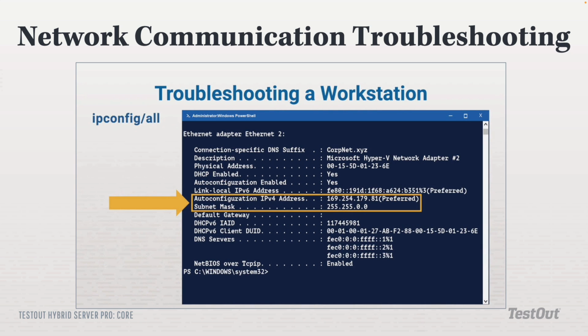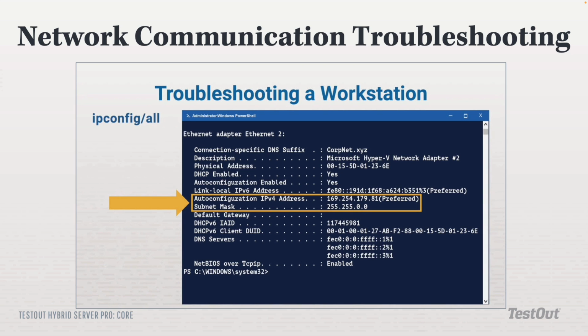Okay. So we can see here that we have an IP address that was given to us from our DHCP server, but what do we know about that IP address? What's weird about that IP address that we were given? Everybody should know this one. I know that you know it. It looks like an APIPA address. It is an APIPA address, and what does that mean?